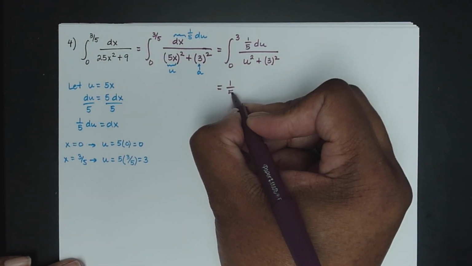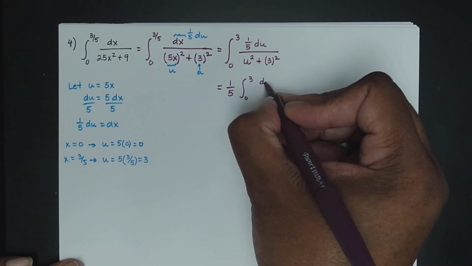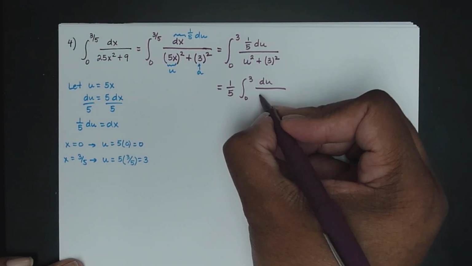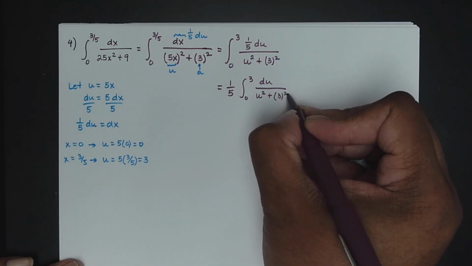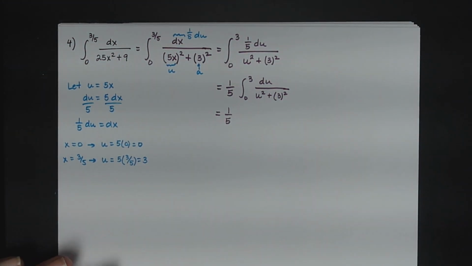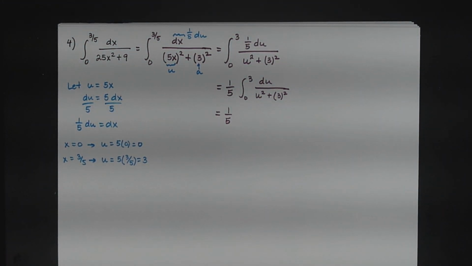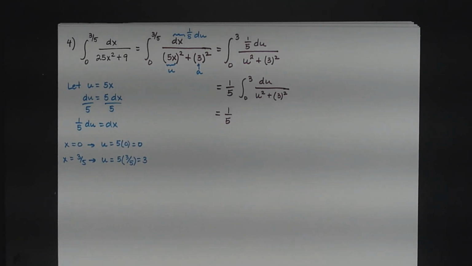So it'll be 1/5 times the integral from 0 to 3 of du divided by u squared plus 3 squared. And in this case, I'll bring down the 1/5. When I integrate du divided by u squared plus 3 squared, that's going to give me the inverse tangent, okay?